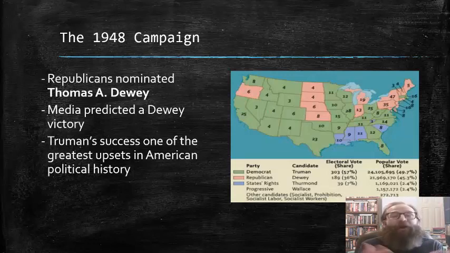Of course, when dawn came about and the election votes were totaled, Truman actually came out on top, and Truman reveled in, kind of throwing his victory in the faces of the Republicans by holding up that newspaper at his campaign rally at the conclusion of the election. And truly, Truman's success was one of the greatest upsets in American political history, and pretty much surprised everyone, including Truman.